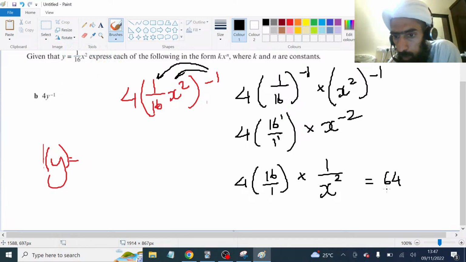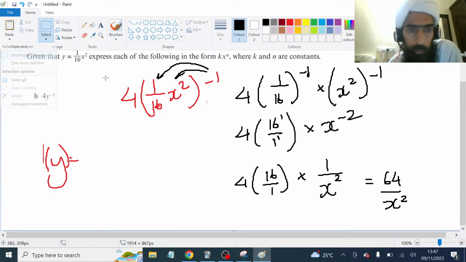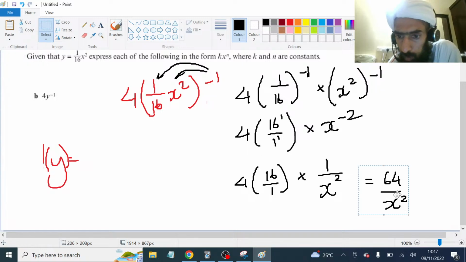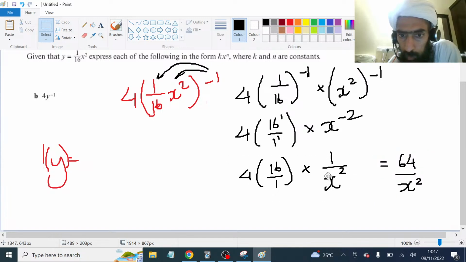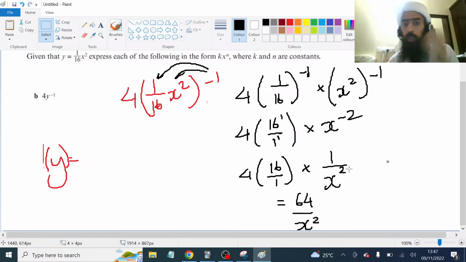So they're the steps, same as before, nothing different: applying the substitution and then working it out from there.